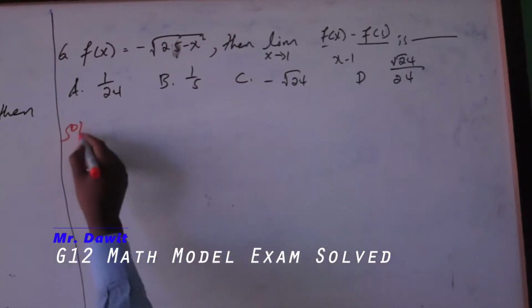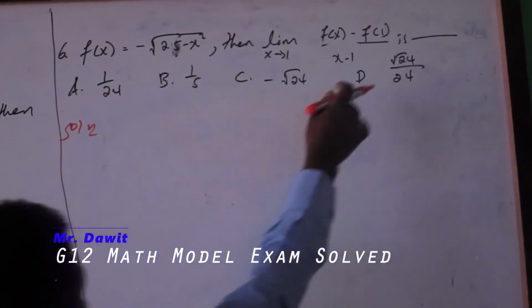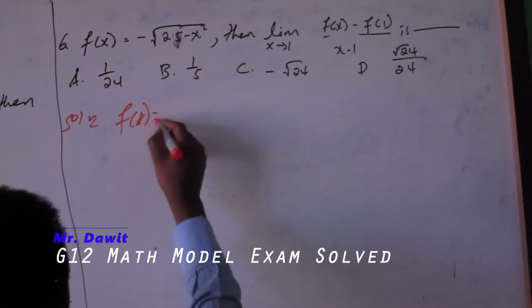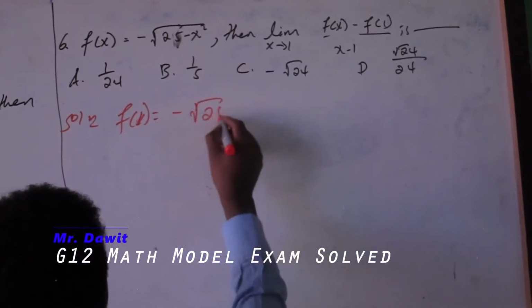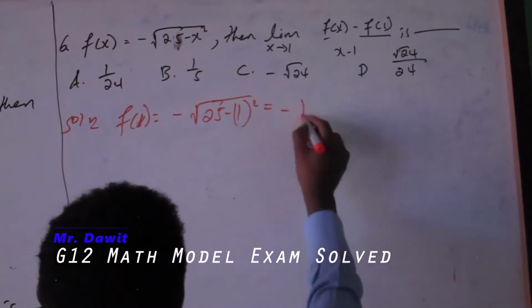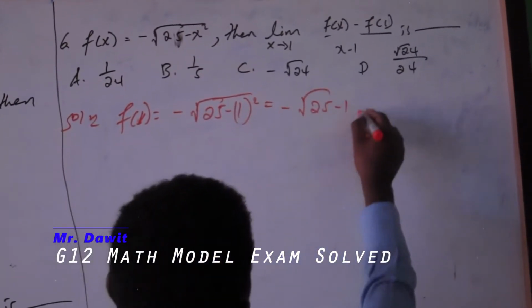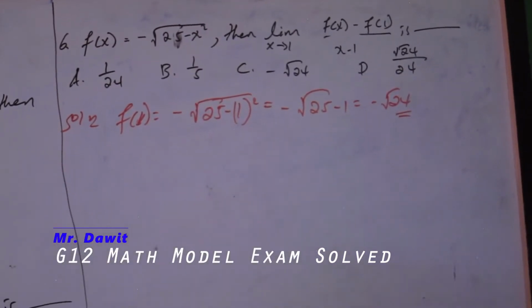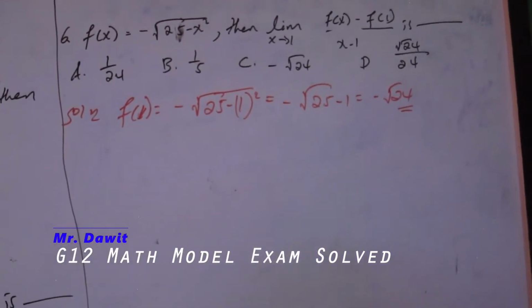So the solution becomes what? Let me substitute f of 1 first. f of 1 is the negative of the square root of 25 minus 1 squared, which is the negative of the square root of 25 minus 1, which is the negative of the square root of 24.